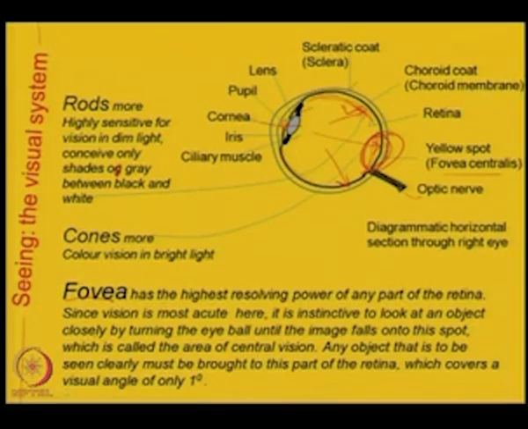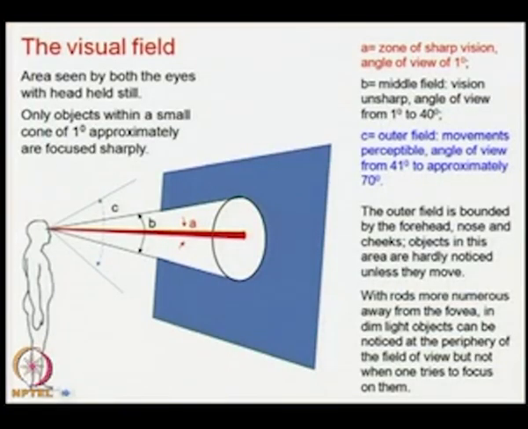Now, while talking about this visual field, one thing is how we see a red object red when there is a good amount of light.